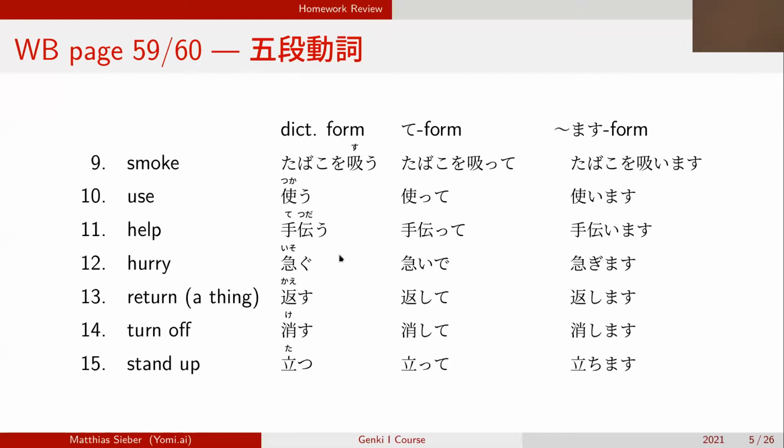To hurry is isogu, isoide, isogimasu. To return a thing, we have kaesu, kaeshite, kaeshimasu. To turn off, like to turn off the light, kesu, keshite, keshimasu. And to stand up, we have tatsu, tatte, tachimasu.